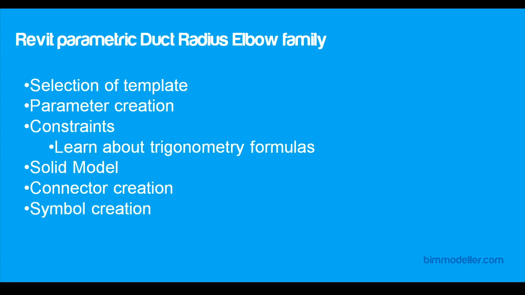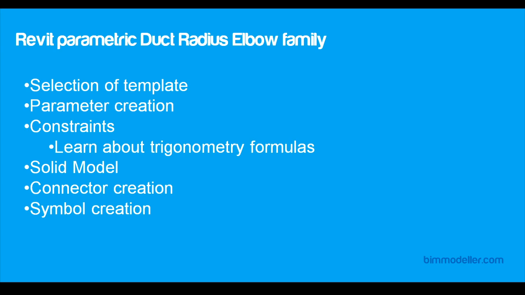These are simple step-by-step tutorials you can follow and practice in your day-to-day family creation. We didn't have time to explain what creating a constraint is and what the trigonometry formula we used in the previous video is. So if you wonder, we're going to discuss the same today.